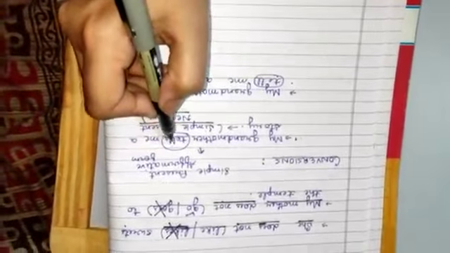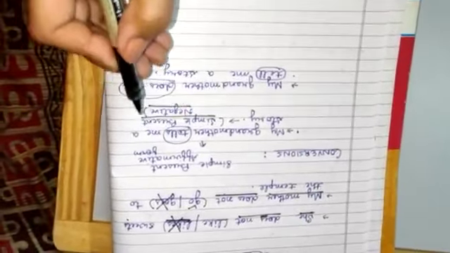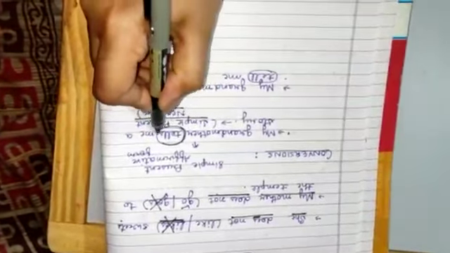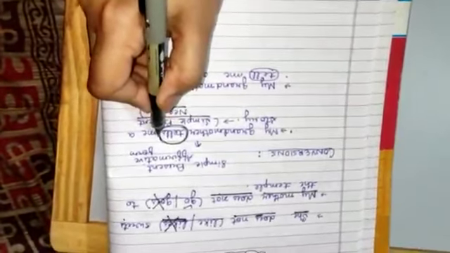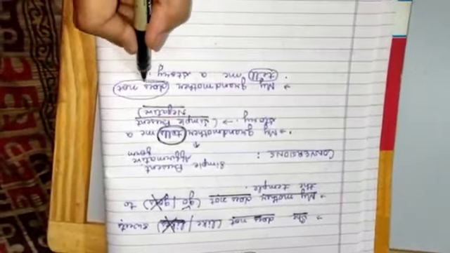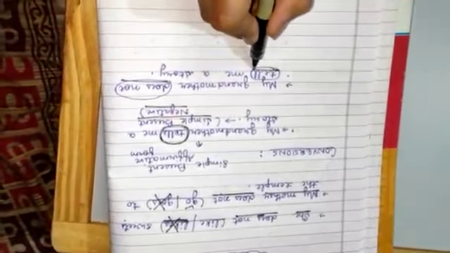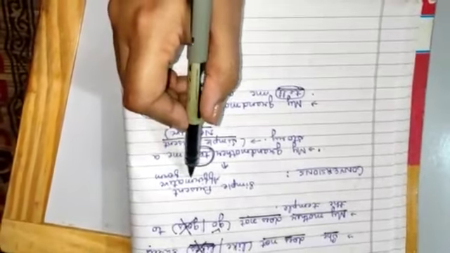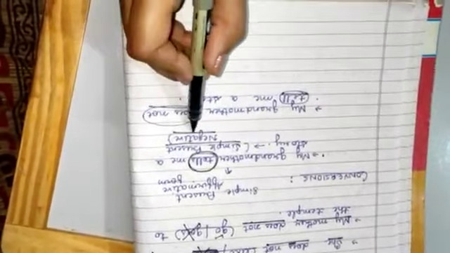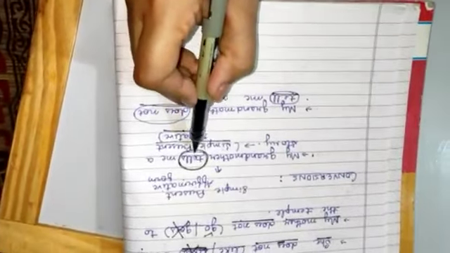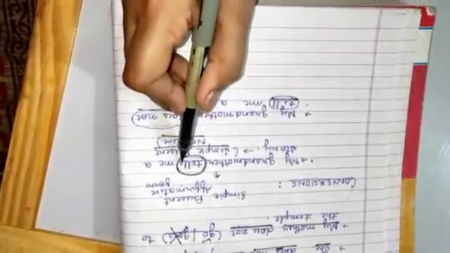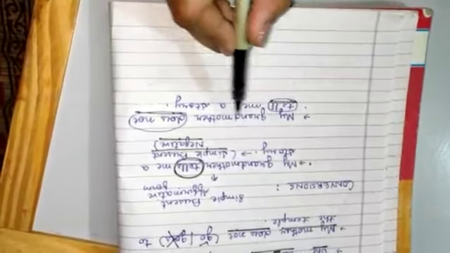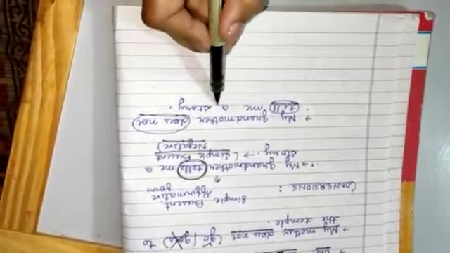When we convert affirmative to negative, the verb tells is changed into does not tell. So the answer is my grandmother does not tell me a story.